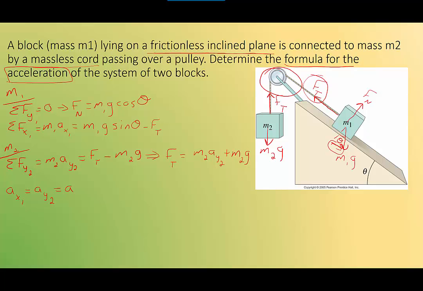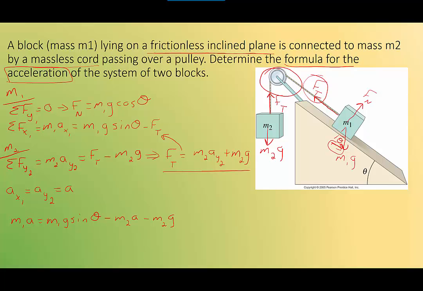So if that's the case, then I can take this first equation and say m1a is equal to m1g sine theta minus the force of tension. But I have an equation for the force of tension here. So I'm going to substitute this into there, and it's going to become minus m2a minus m2g.